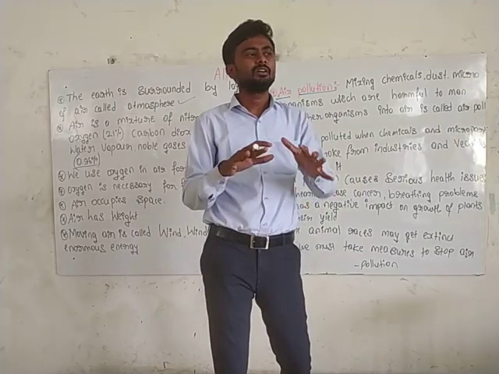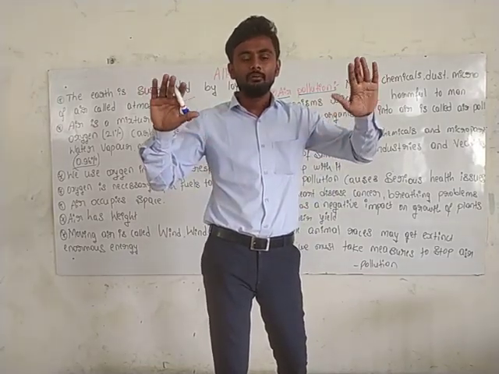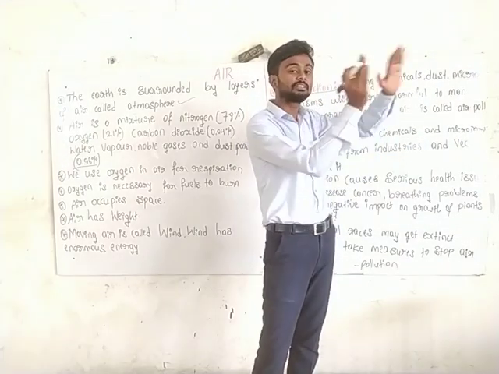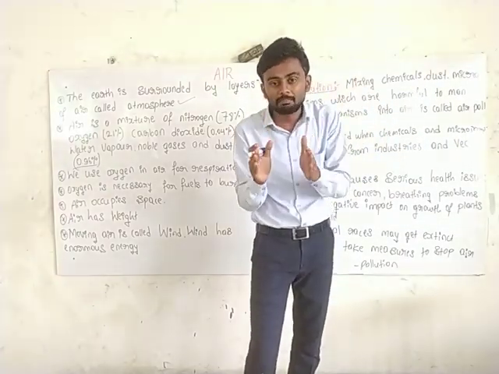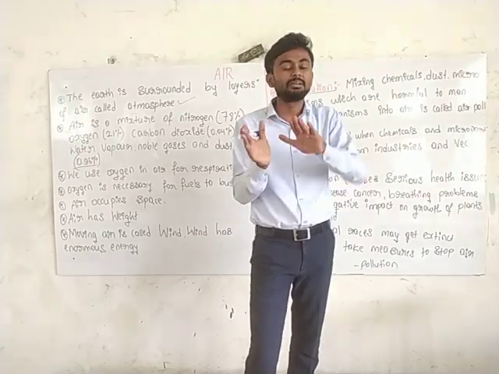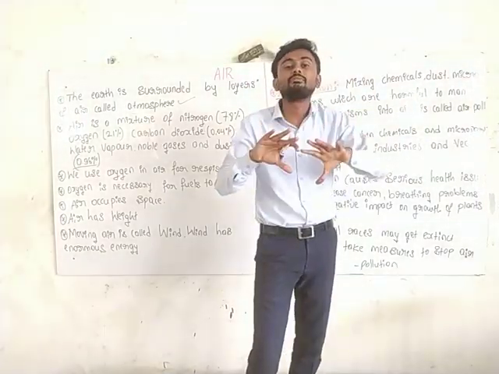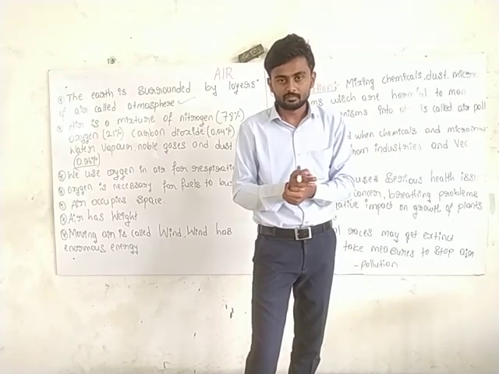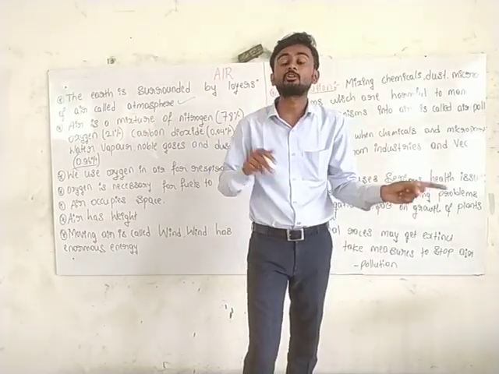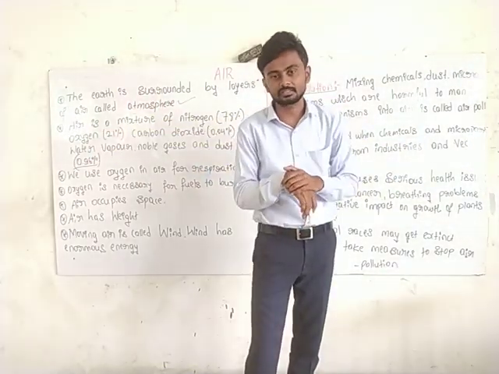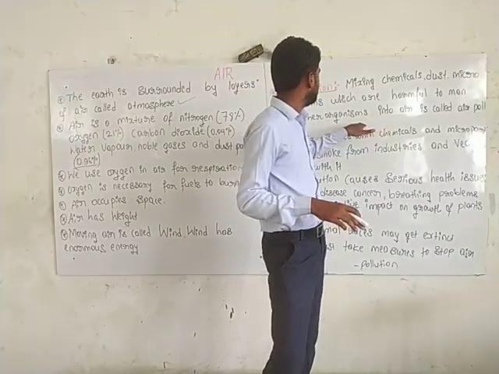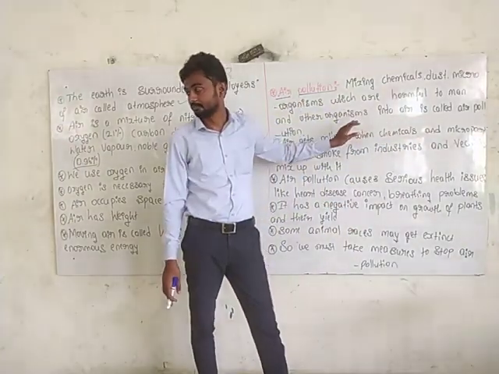It means when good air is present, and the waste dust particles and bad smoke are mixed with the good air, at that time the air becomes polluted. It affects man, and it affects the other types of organisms. That time it becomes air pollution.